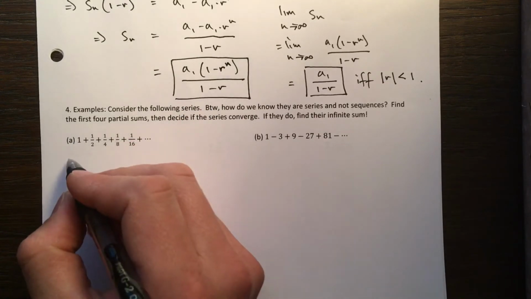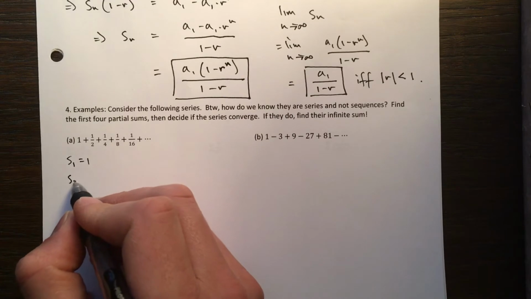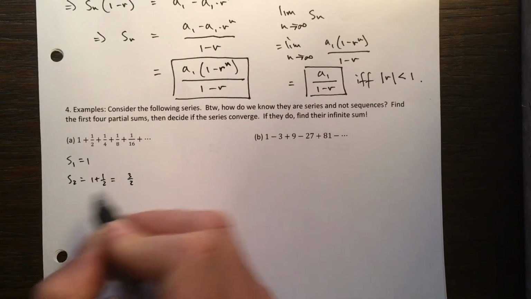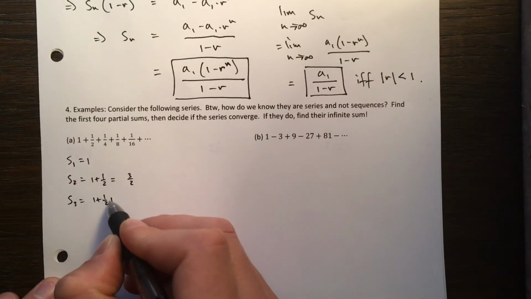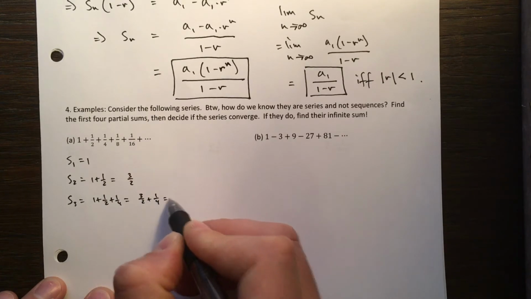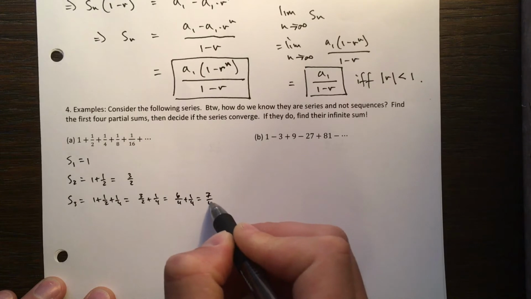So the first partial sum, s sub 1, is 1. The second partial sum is 1 plus 1/2, which is 3/2. The third partial sum is 1 plus 1/2 plus 1/4, which is 3/2 plus 1/4, which is 6/4 plus 1/4, which is 7/4.